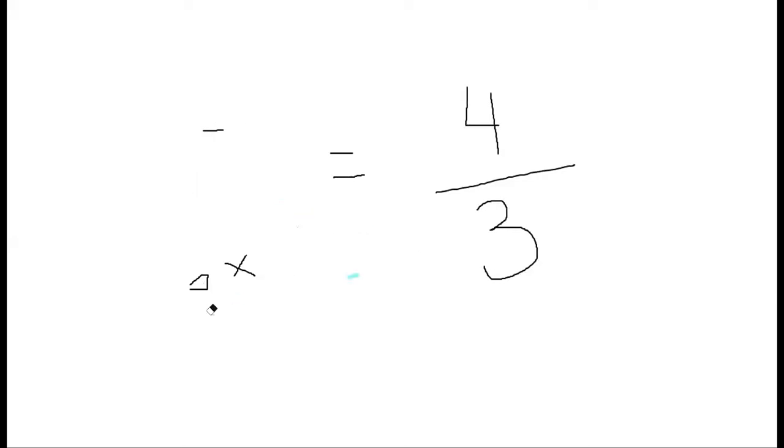Voy a borrar. How about 2 1/4? Lo primero que hacemos, multiply the number 4 by the whole. 4 por 2, 8.